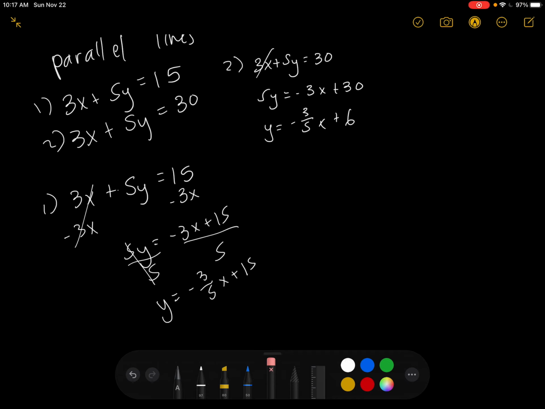Oops, that's not 15, sorry. 15 divided by 5 is 3, right? Always remember to carry over.